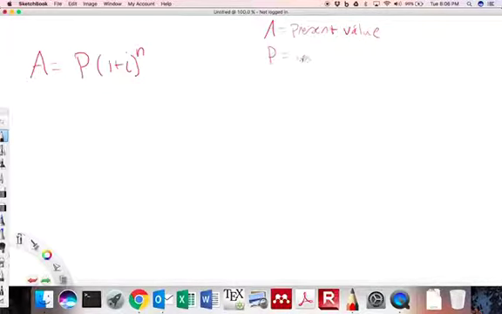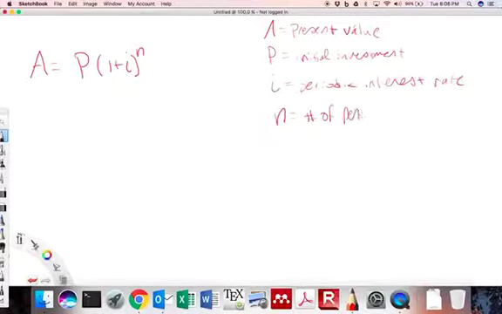P is the initial investment, i is the periodic interest rate, and n is the number of periods.